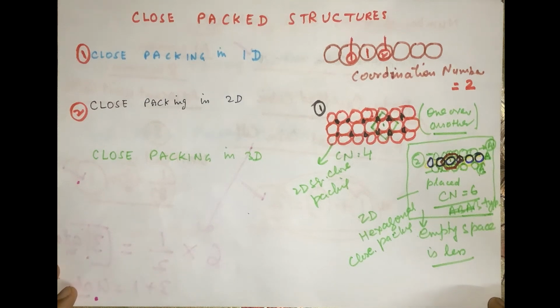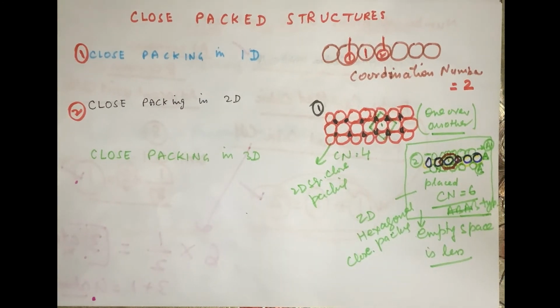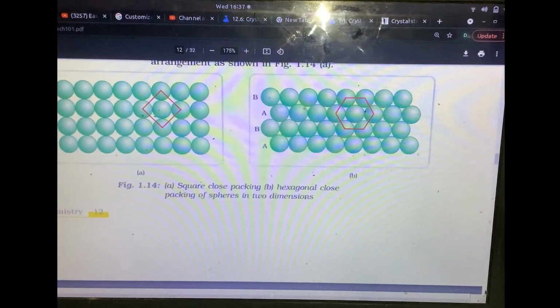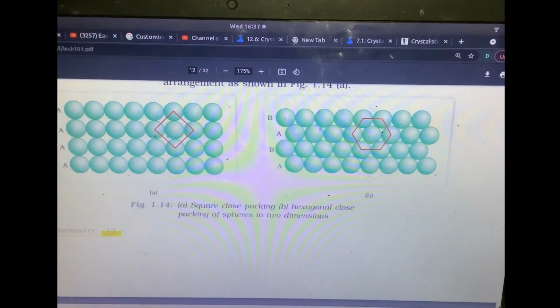Here the diagrams somewhat are not clear because of drawing. Now I show you in this book, the book version of this diagram.